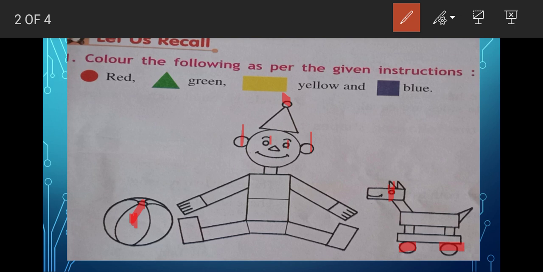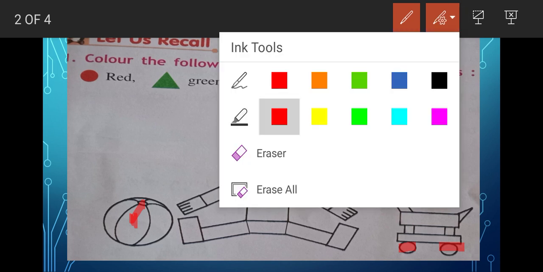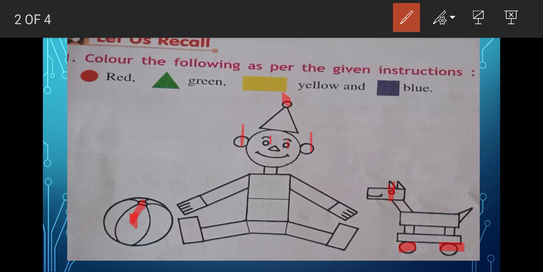Okay, so the next one is green color. What you have to do? You have to color all the triangles in green color. The first triangle is the cap, isn't it? It is taking the shape of a triangle, so you have to color it with green. The next one, the nose of this doll is a triangle, so you have to color that one in green.